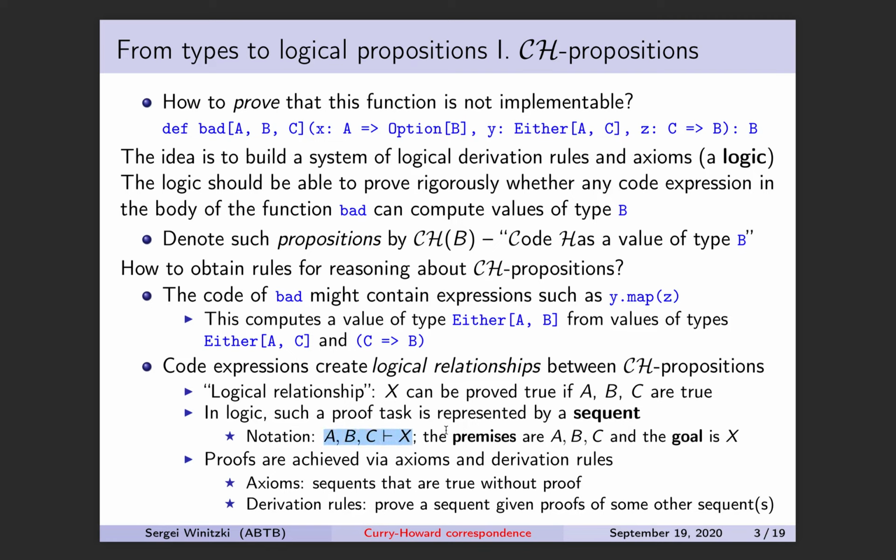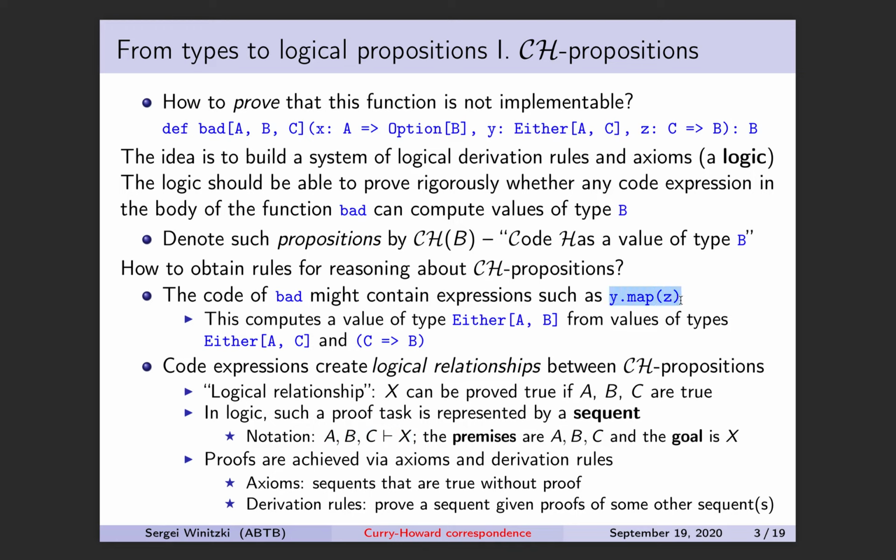And the notation with this symbol, which is called the turnstile, is the sequent. So this is the sequent with premises A, B, C and goal X. We assume that A, B, C are true, and then X will be supposedly proved to be true. So if we prove this sequent, then we know how to do that derivation.